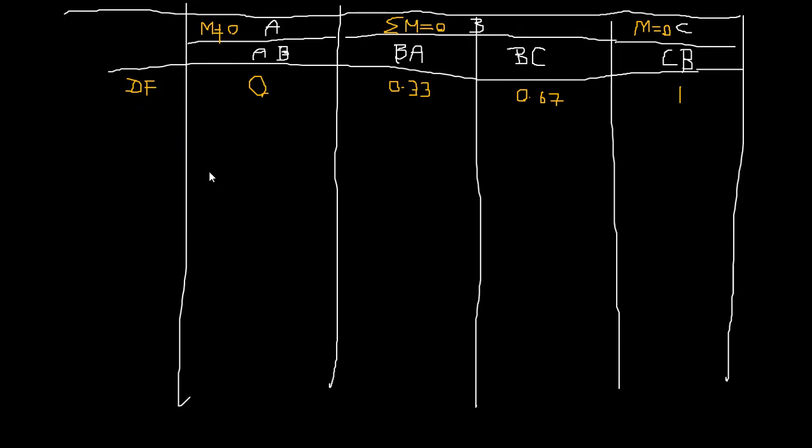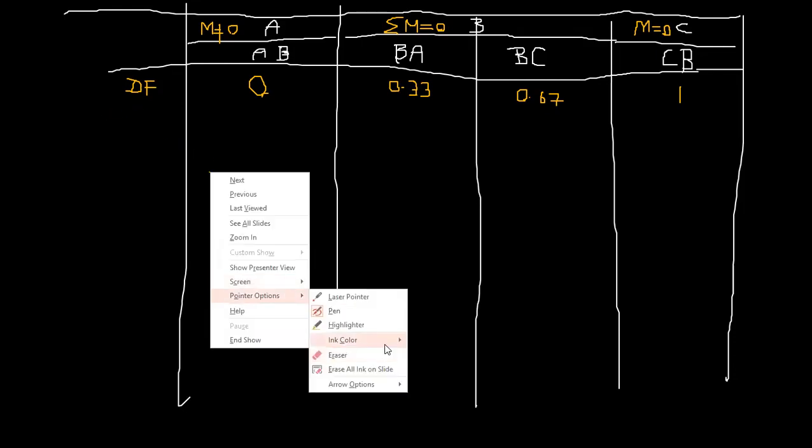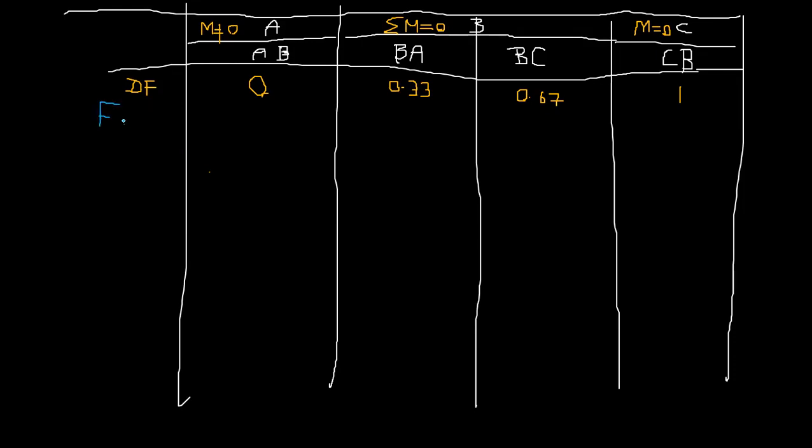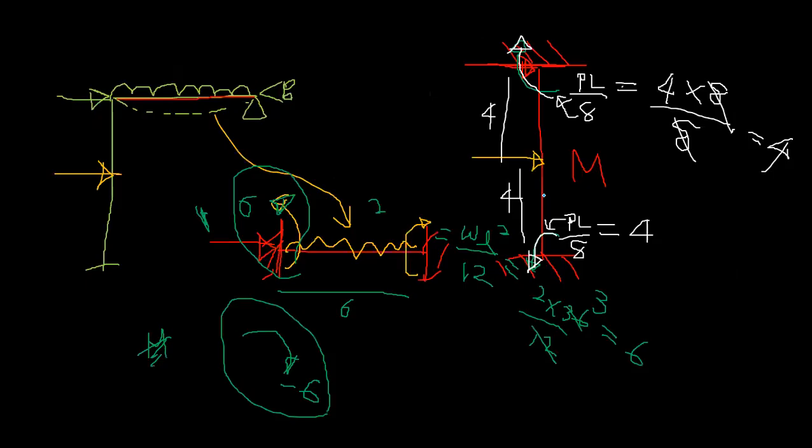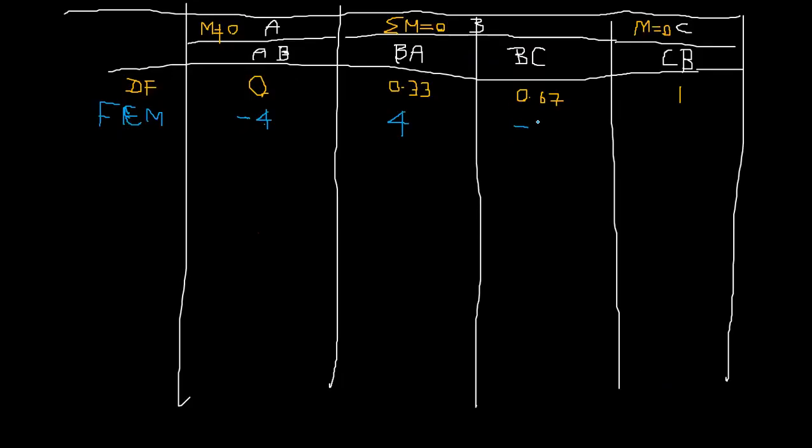So you have fixed end moments as here: -4, +4. Here it was -6 and +6, right?